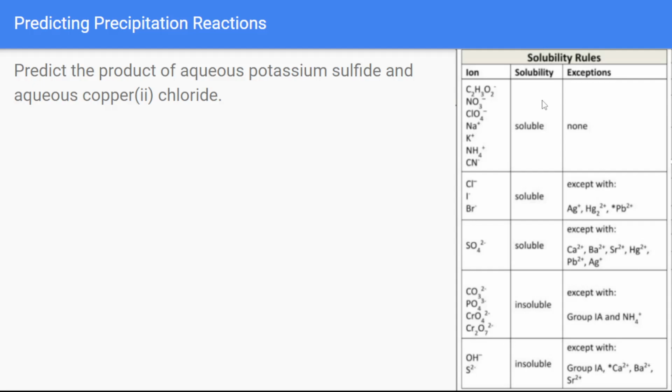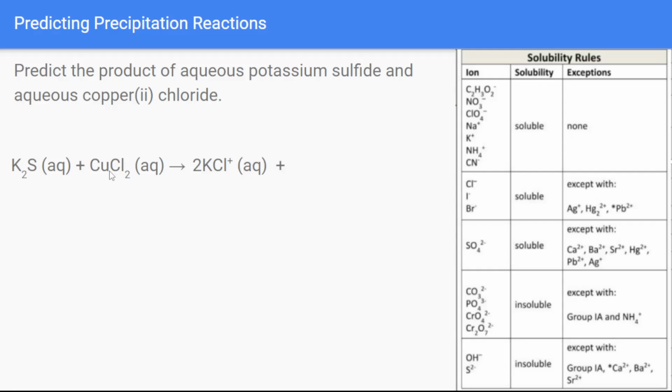We will look at the result of the double replacement reaction to determine whether or not we have a precipitate. So we have potassium sulfide plus copper 2 chloride, and we have our potassium and our chloride. Those would potentially bond, but we can see over here that potassium and chloride are both soluble, so that's why we have an aqueous product.